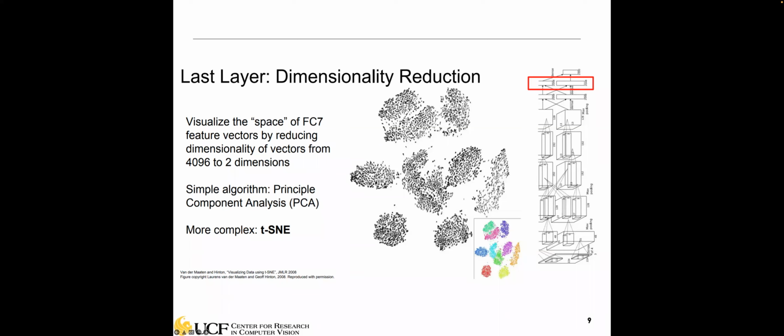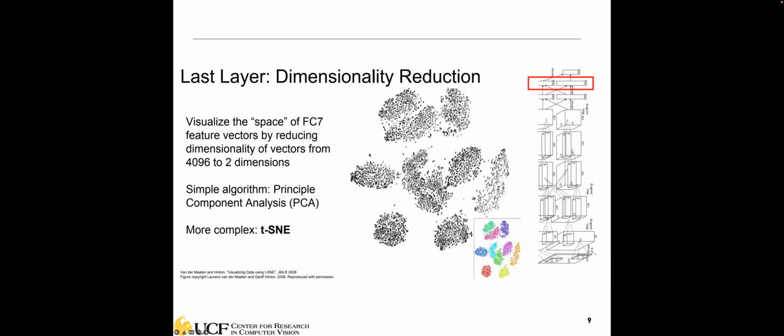So this representation is good, because for classification, we want samples belonging to the same class to be very close to each other in the embedding space, but samples from different classes to be as separate as possible, so your decision boundary can easily separate these different classes.